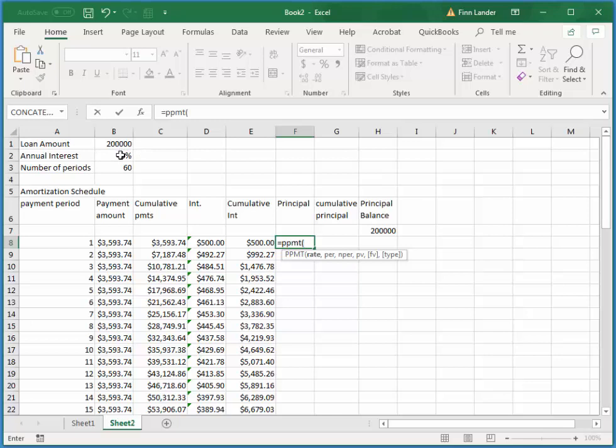So our rate, again, we have to F4 that, divided by 12. The period is not absolute. We want that to change, so we do not F4 it. Number of periods, again, that F4. Present value, minus that F4, and enter.